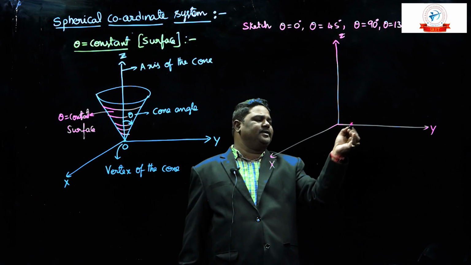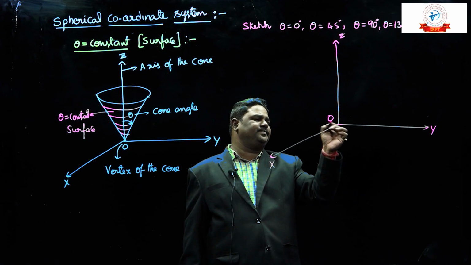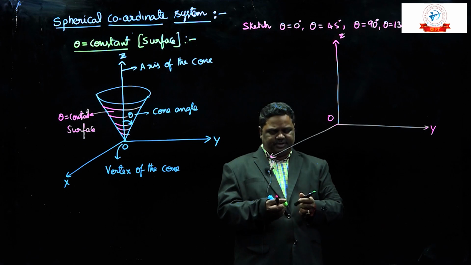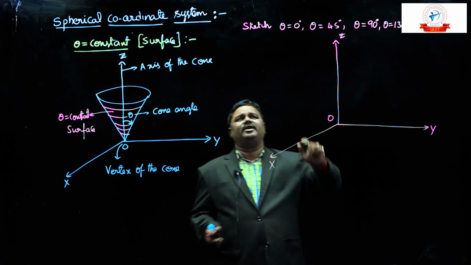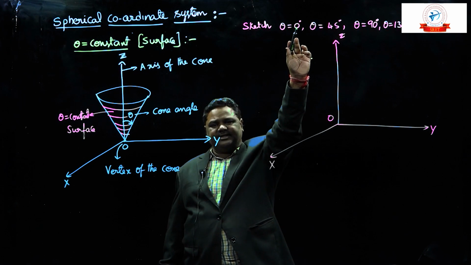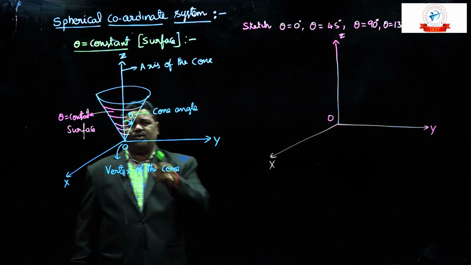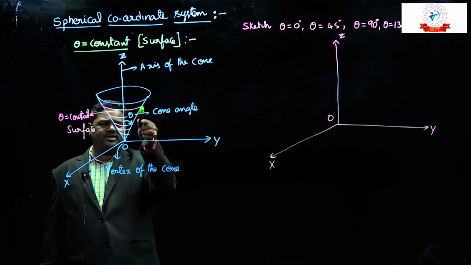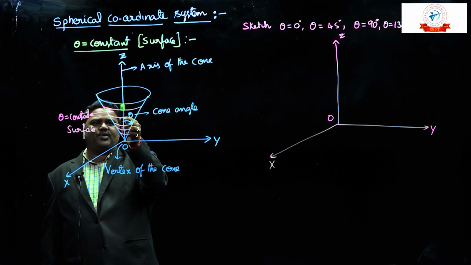Yeah. So this is origin here. First let me tell you what theta equal to 0 is. What is meant by theta equal to 0? Theta 0 is a cone surface when the cone angle is 0. What happens when this cone angle becomes 0? The cone surface will coincide with the cone axis.